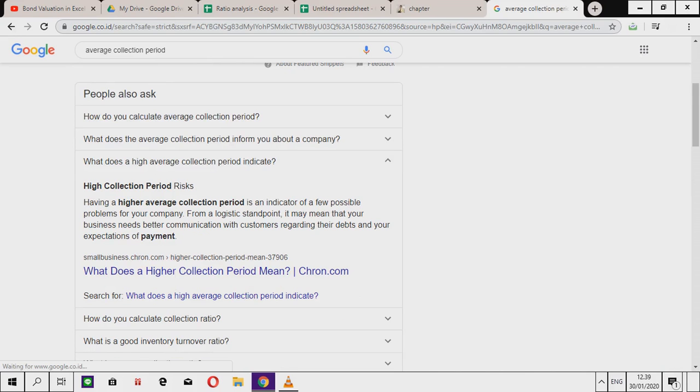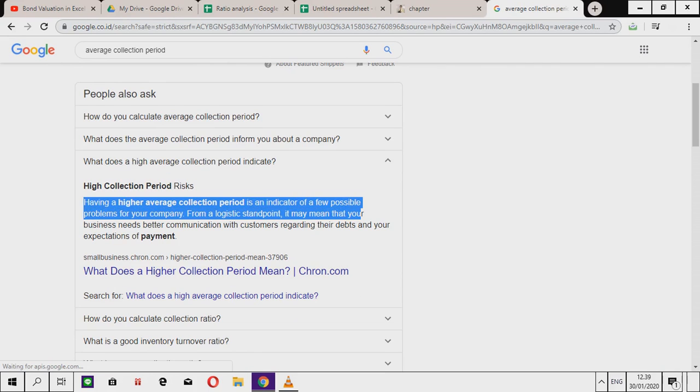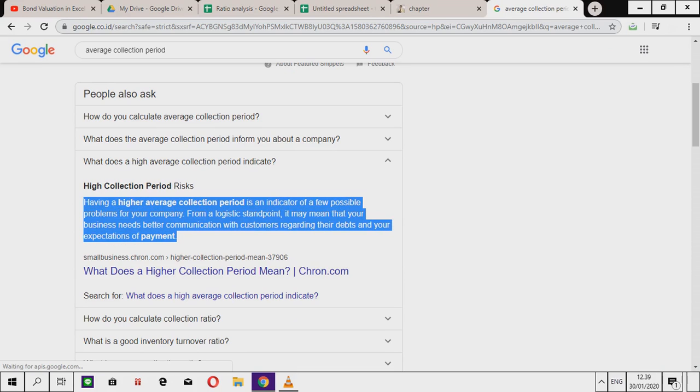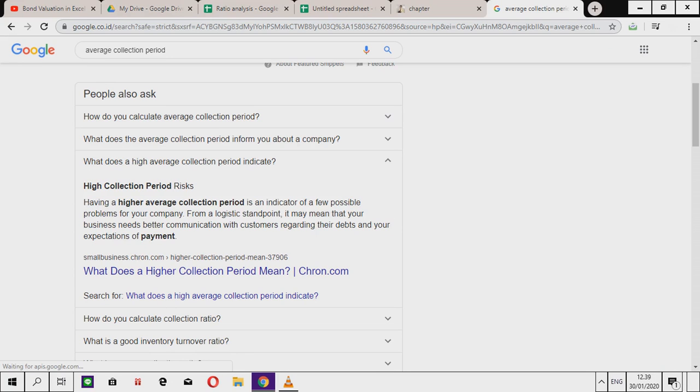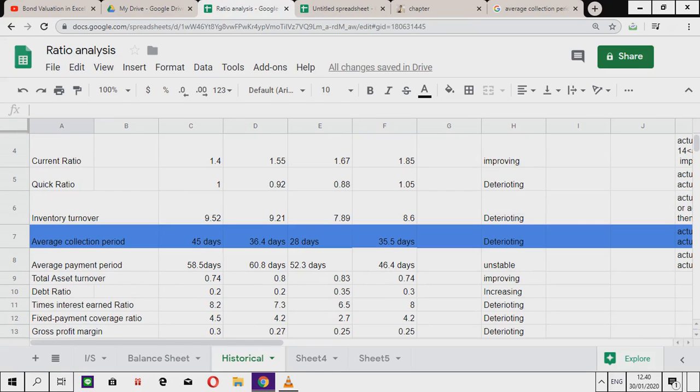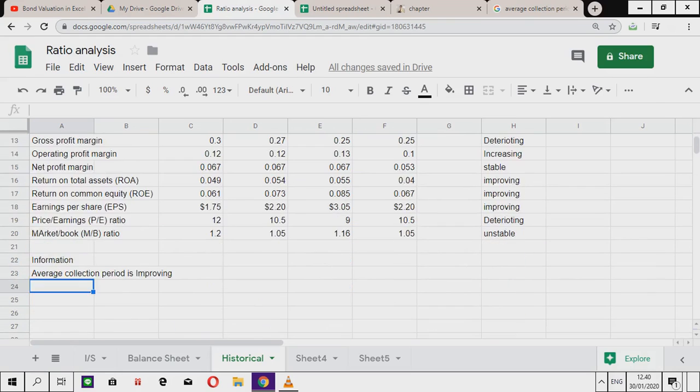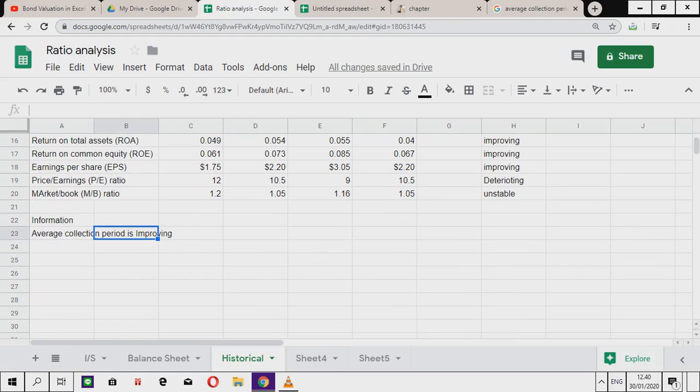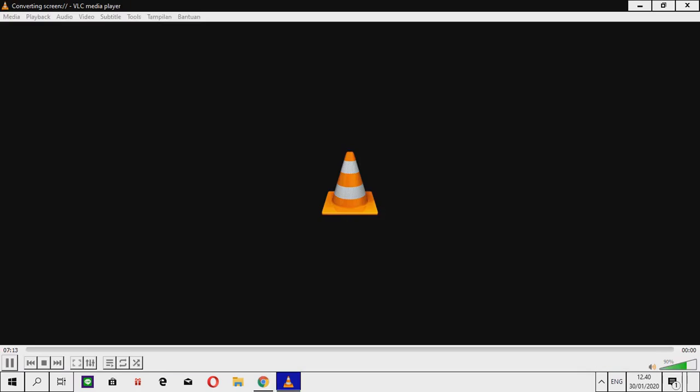High collection period rates: having a higher average collection period is an indicator of a few possible problems for your company. From a logistics standpoint, it may mean that your business needs better communication with customers regarding their debts and your expectation of payment. So this is the only exception. Every single year, they decrease. They went through decreasing, so it's good.